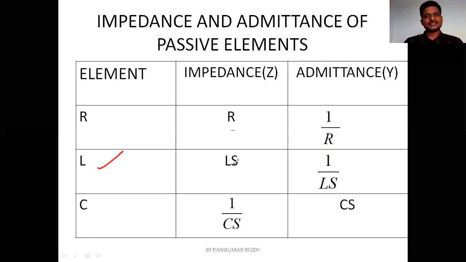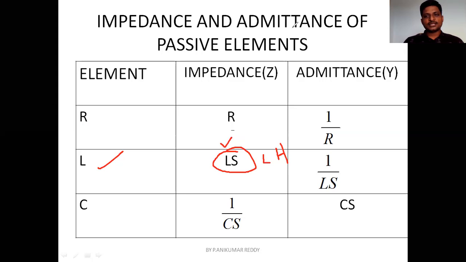If you consider zero initial conditions, I of 0 plus becomes 0, so you are left with only L into S into I of S. So the impedance of an inductor in the S domain is Ls. But in the time domain, you write L Henry. Henry is the unit of inductance. In the S domain, you have to write it as L into S.